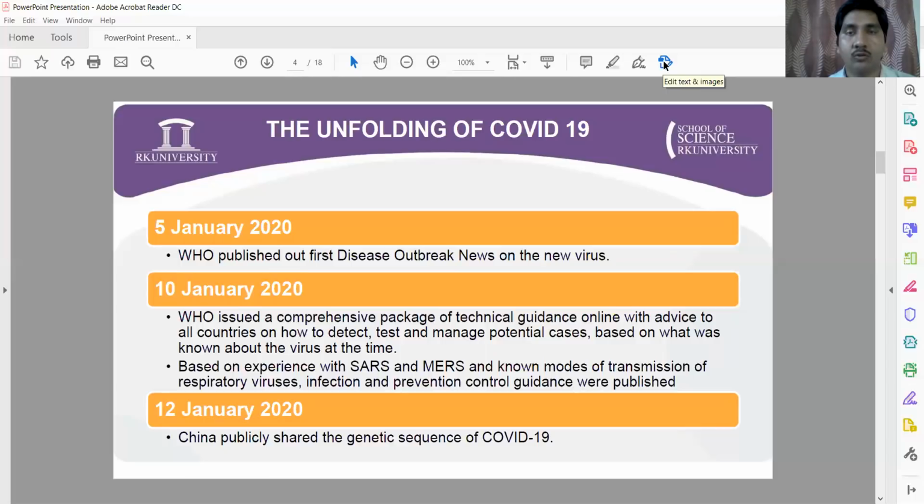On 12th January 2020, a major breakthrough came when China reported the genetic sequence of COVID-19.